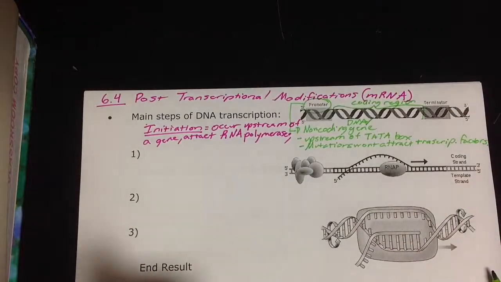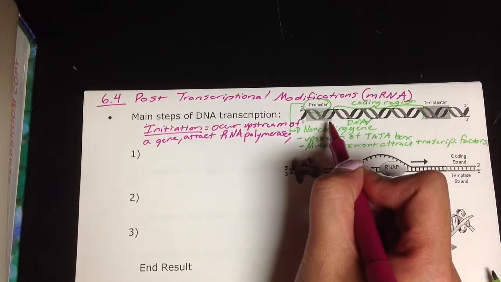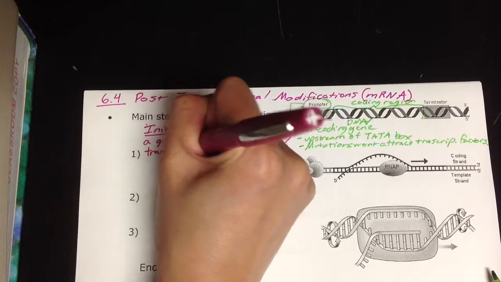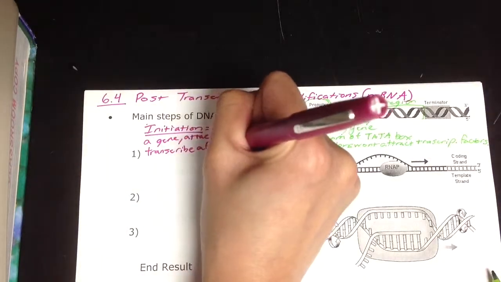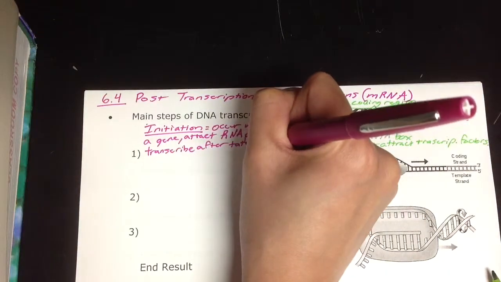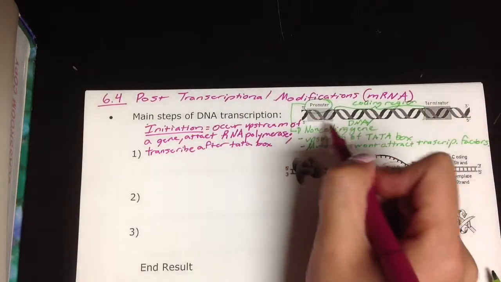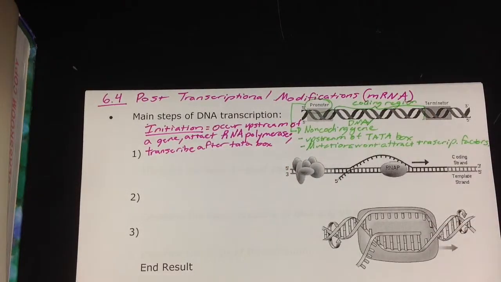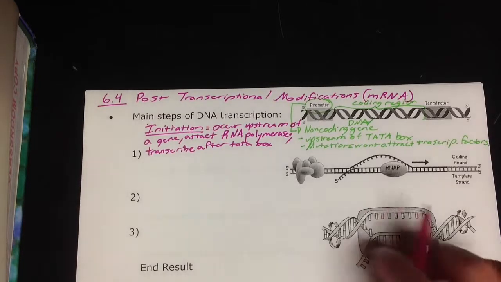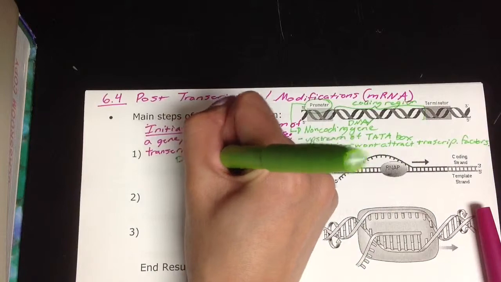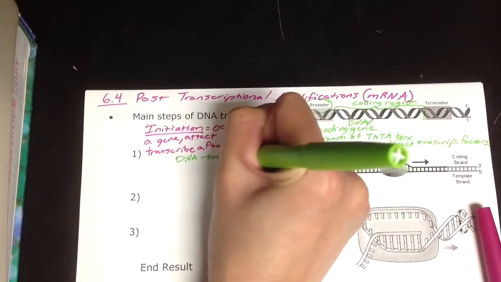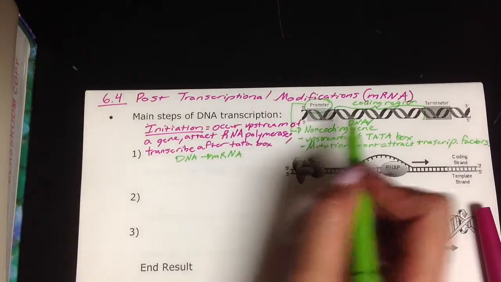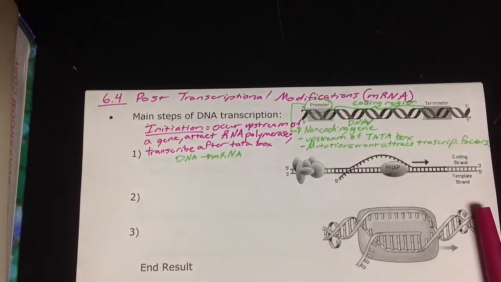In front of the gene, right where the promoter is, we will transcribe after the TATA box. So the promoter can include our TATA box, and after the promoter, this section of the coding region is what we actually transcribe. What is transcription? Transcription is just rewriting the code of DNA into mRNA. So your RNA polymerase will base pair DNA to RNA to create our mRNA strand.